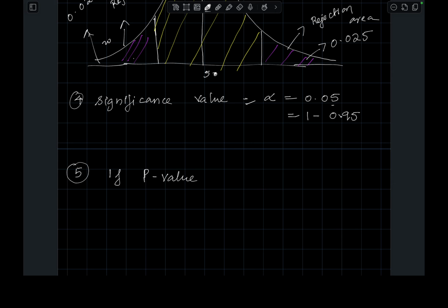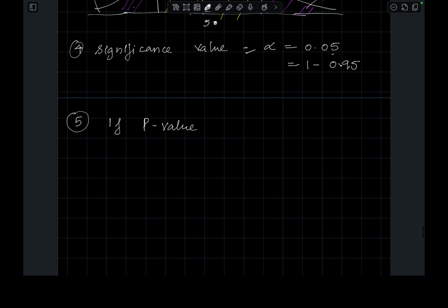For each problem, according to how we start with the null hypothesis and the confidence interval, the p-value and the significance value will change. We will see what the significance of the p-value is and how it is used to decide whether we should accept or reject a null hypothesis in the next session.